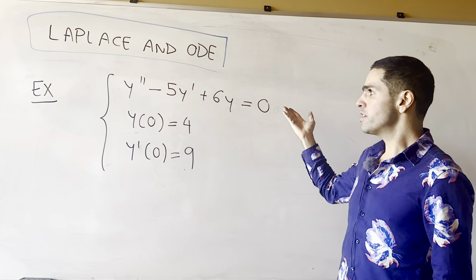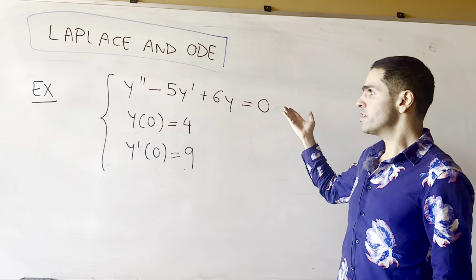In other words, what happens to this differential equation is that it becomes the following, namely s squared minus 5s plus 6 times L of y, and then minus 4s minus 11 equals L of 0, which is 0.